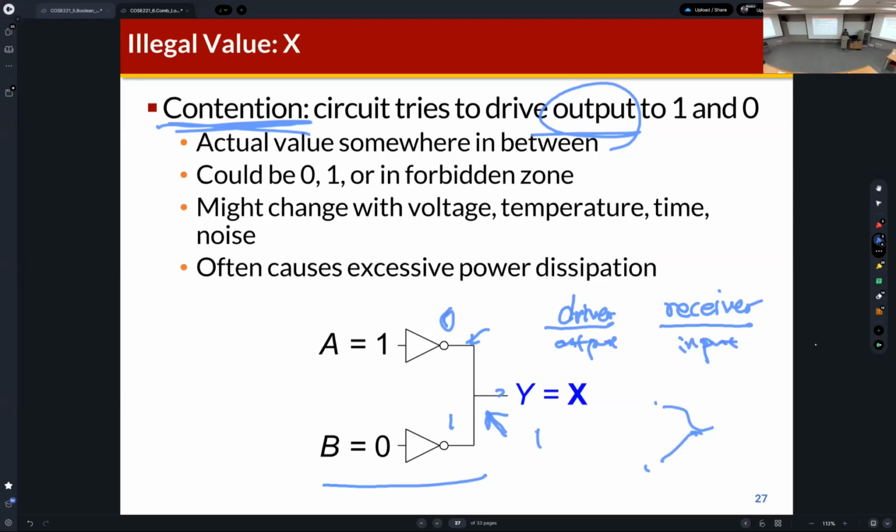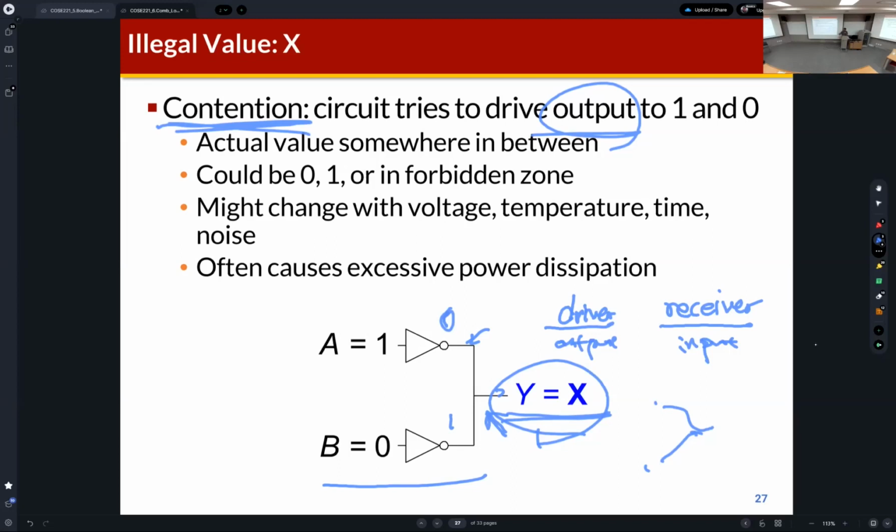Okay, then this is represented like this. We represent the output of this wire using X, and X represents the contention of a circuit. It is an illegal value, not a correct value.